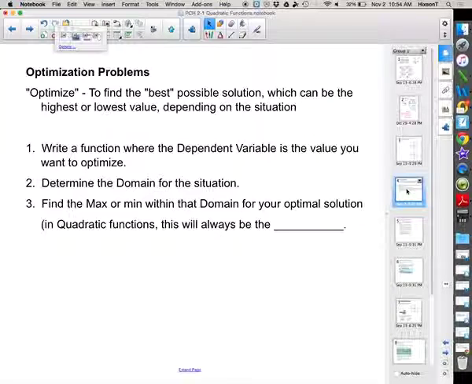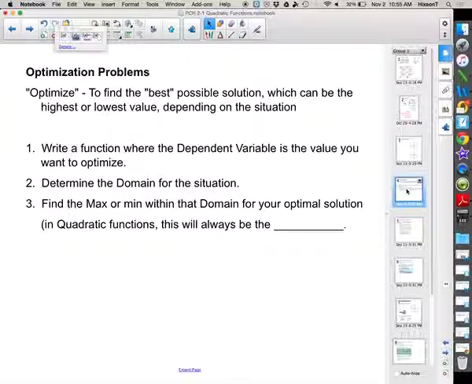When we're talking about optimization or optimizing something, we're trying to find the optimal solution. This is all talking about the same thing, and what we're talking about is finding the best possible solution.